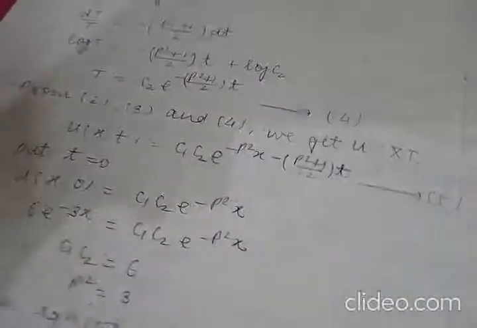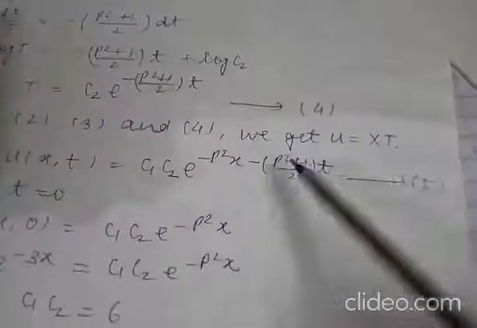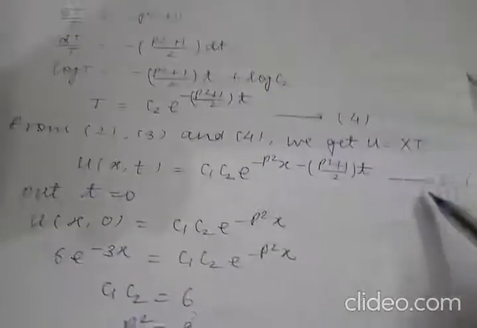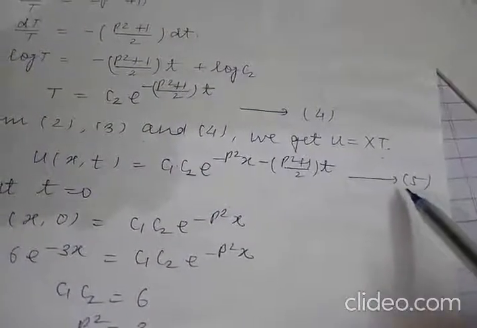This will be c1 c2 e to power minus p square x minus p square plus 1 by 2 t. Here is the solution of the given partial differential equation 1.